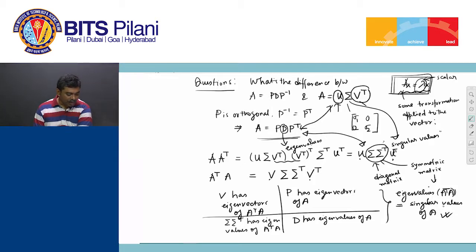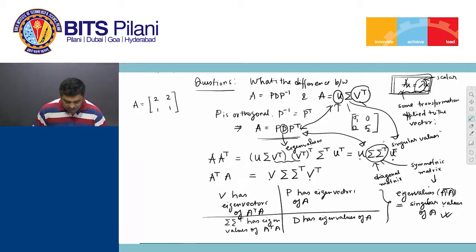All right. So if I give you a tiny example without computing the singular value decomposition, it goes like this. Let's take a square matrix: 2 2, 1 1. It's actually a low rank matrix; it doesn't have full rank. As you can see, if you multiply the second row by 2 and subtract it from the first row, one row completely vanishes, so the rank becomes 1.